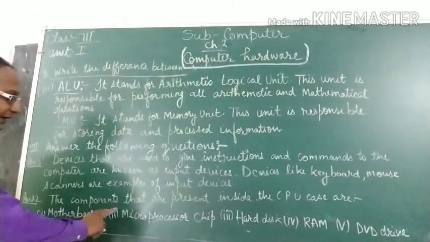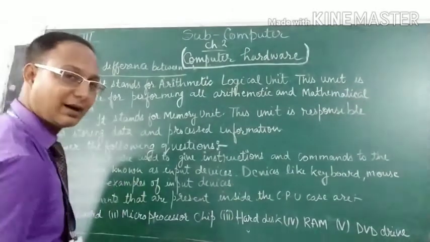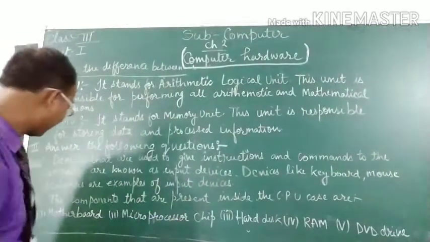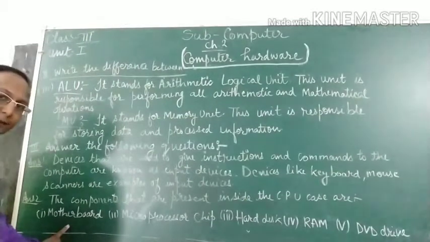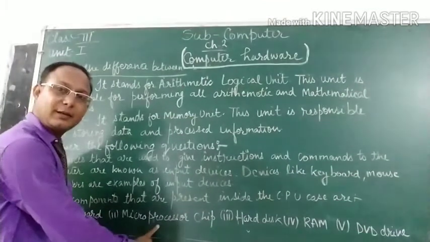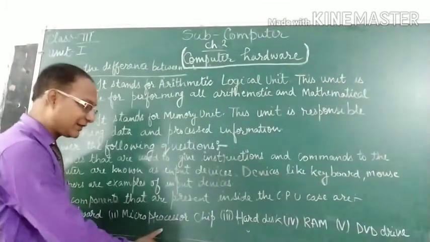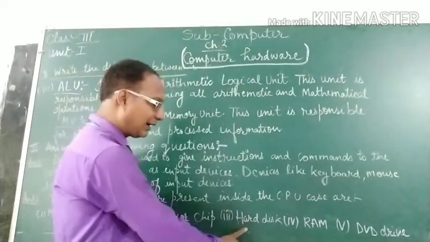The components that are present inside the CPU case are: Number 1, motherboard. Second, microprocessor chip. Third one, hard disk.